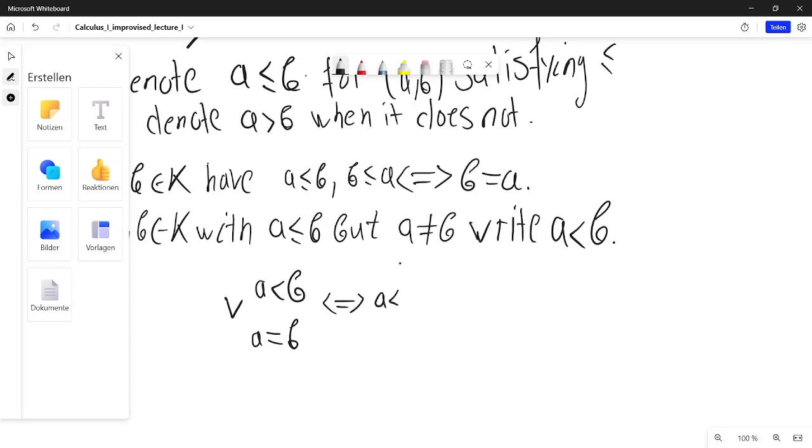How do we see that? For equivalence, we only have to show both implications, and we can assume truth. If it is true, then this is true, or this is true, or maybe both.